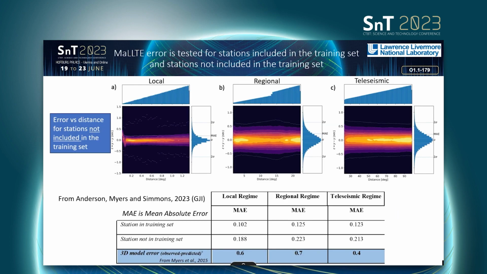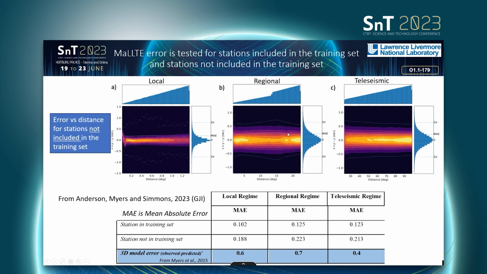So how does it do? This shows various distance regimes: local out to about 1.5 degrees, regional from 1.5 to 20 degrees, teleseismic from 20 to 90 degrees, and then this is the travel time error, plus or minus. Actually, these are slightly different scales, but that's plus or minus 1 second there, so you can see the vast majority are near zero, but there is a spread around that.